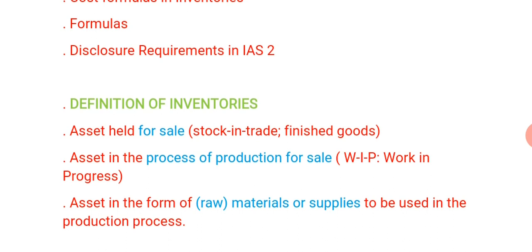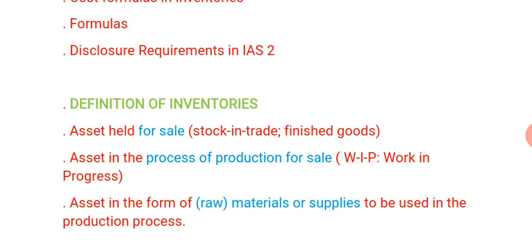Then assets in form of raw materials or supplies to be used in the production process. Now we have held for sale, we have process of production for sale, then we have raw materials. In other words, we have finished goods, we have work in progress, then we have raw materials, the three of them.